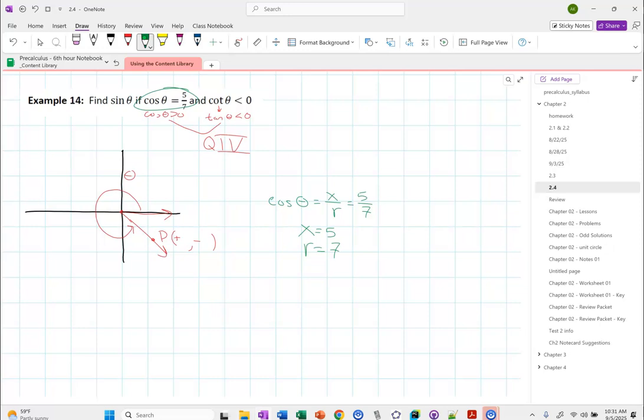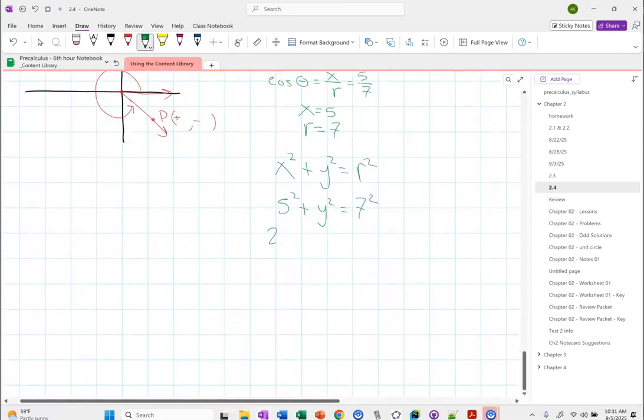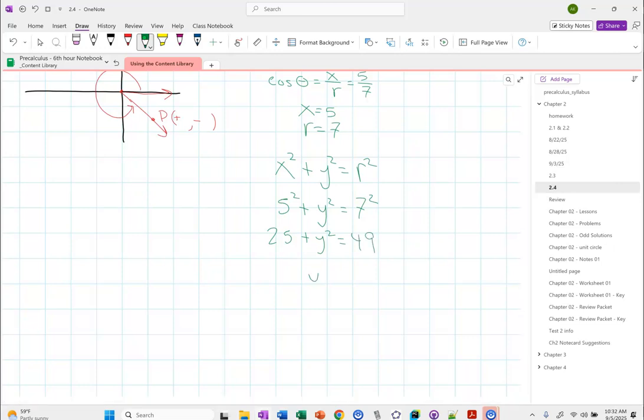What's the relationship between x, y, and r? The Pythagorean theorem. So I have x squared plus y squared is equal to r squared. So 25 plus y squared is equal to 49.